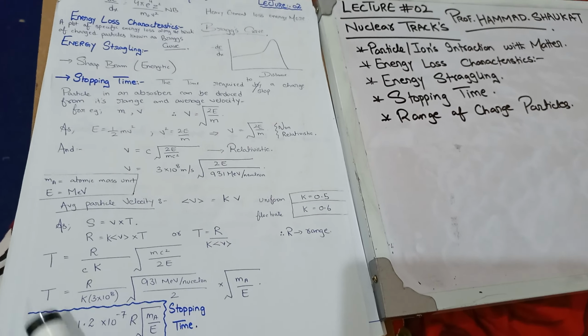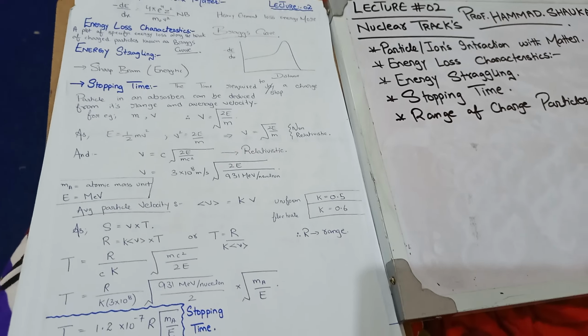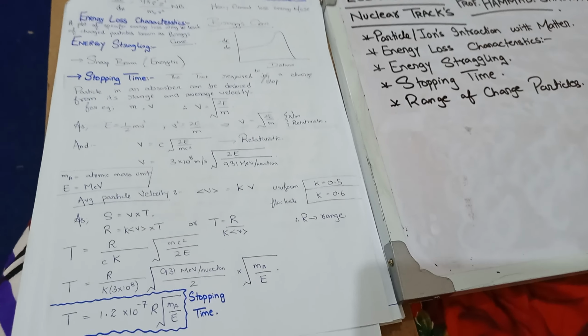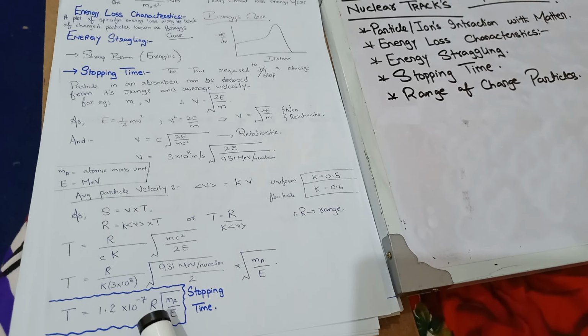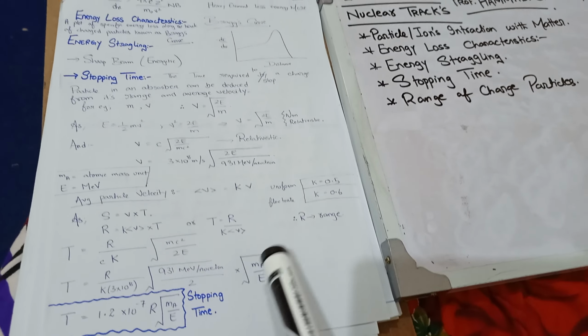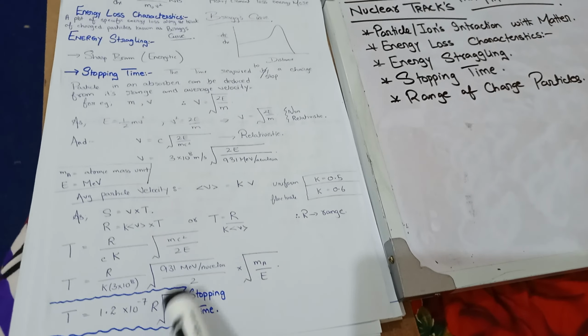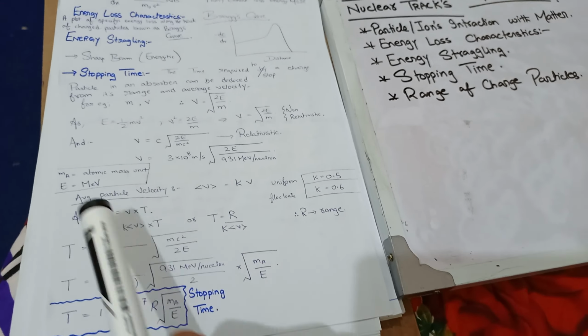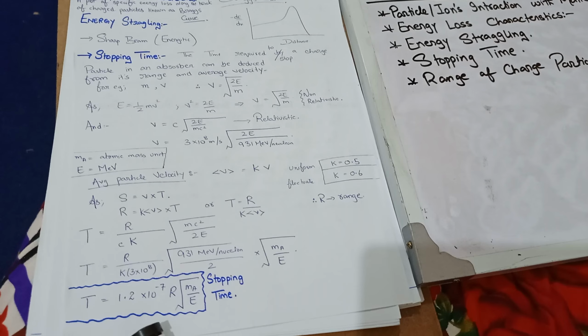After putting in the constant values, you will get a new constant, which is 1.2 into 10 raised to power minus 7. r is basically the range of the particle in which it penetrates, and ma, as I told you, is the atomic mass unit of the particle, and E is the energy. So this is the final relation of stopping time.